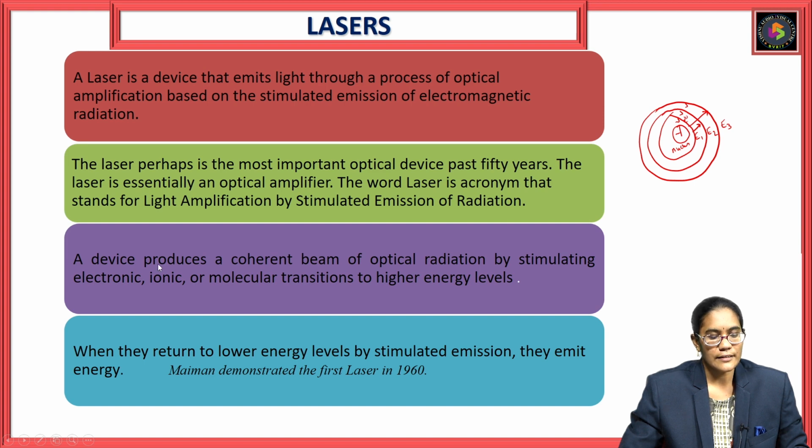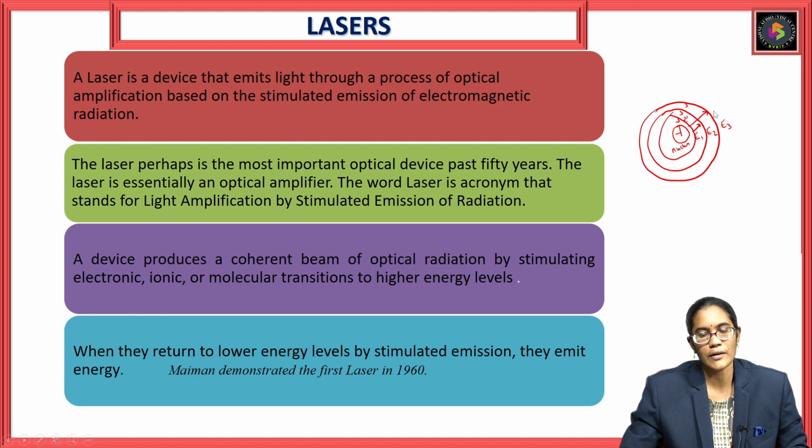A laser is a device that produces a coherent beam of optical radiation by stimulating electronic, ionic or molecular transitions to high energy levels. If we supply some energy to the lower energy state, it absorbs this energy and goes to the higher energy state. At the higher energy state, the atoms cannot stay for long because the lifetime of the higher energy state is very short.